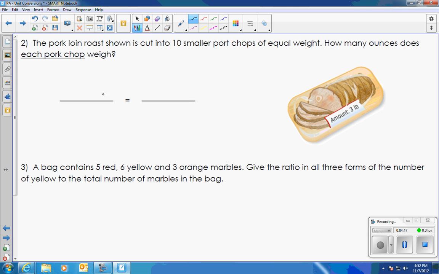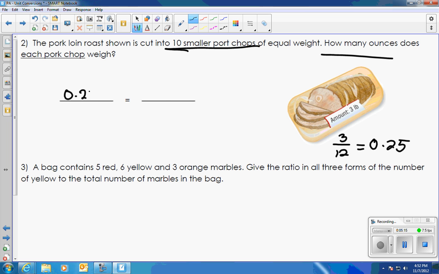The pork loin is cut into 12 smaller chops. How many ounces does each pork chop weigh? So we have 3 pounds, but that 3 pounds is divided amongst 12 pork chops. That means that each pork chop is 0.25 of a pound.